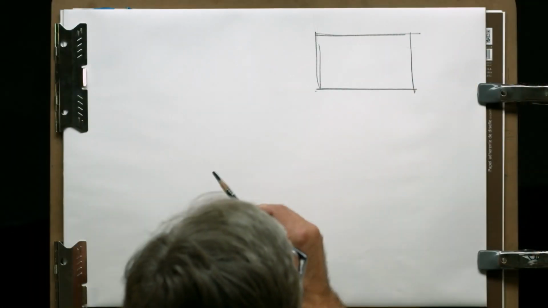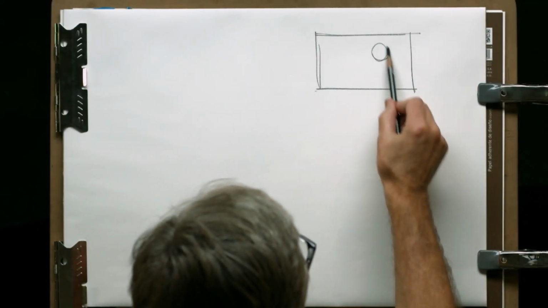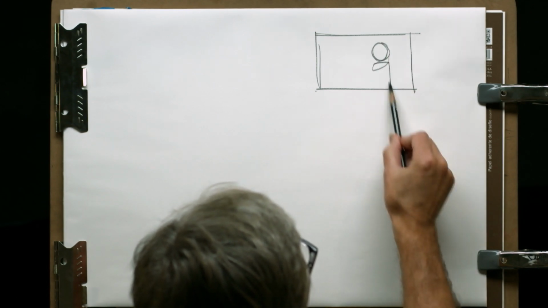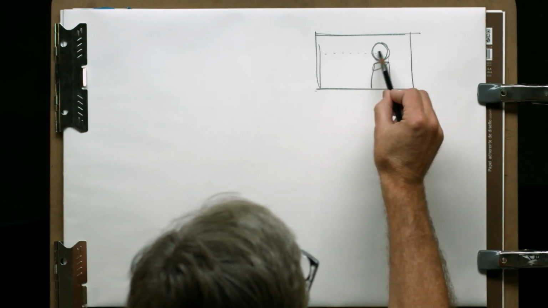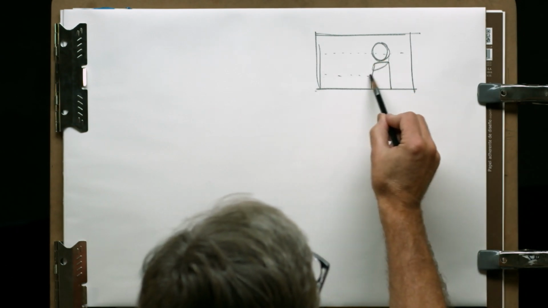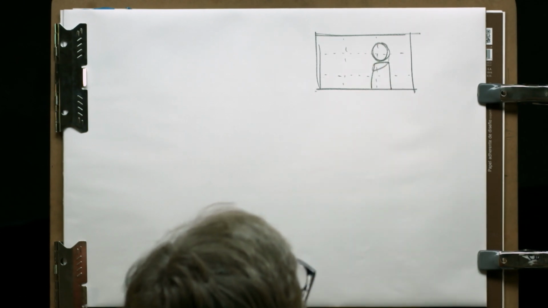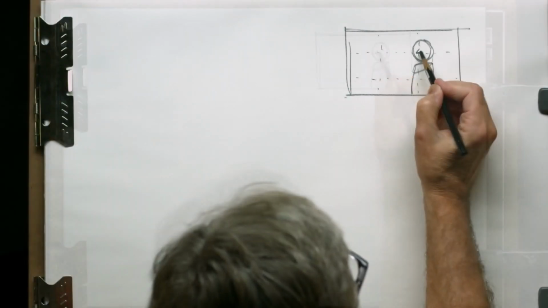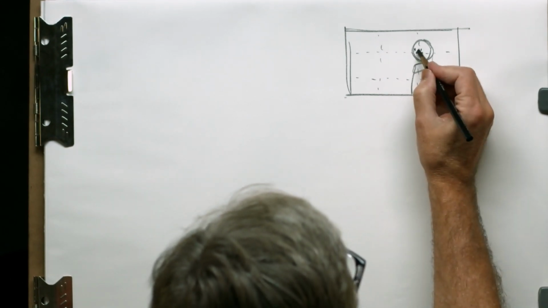So even if I took an image like this, and let's just say that I placed a figure here. Okay? I'm looking at this here. So I'd make sure that I get their nose here and their eyes here on this side, right? So I'm kind of looking this way.